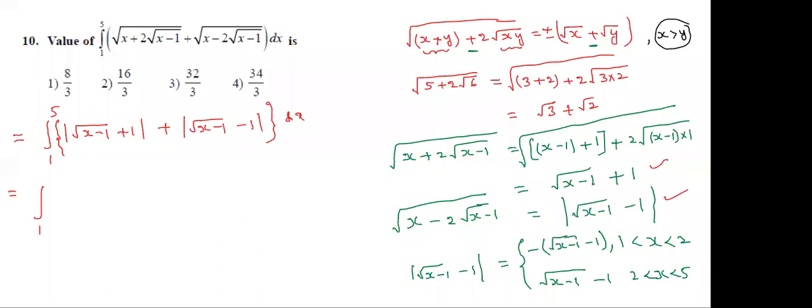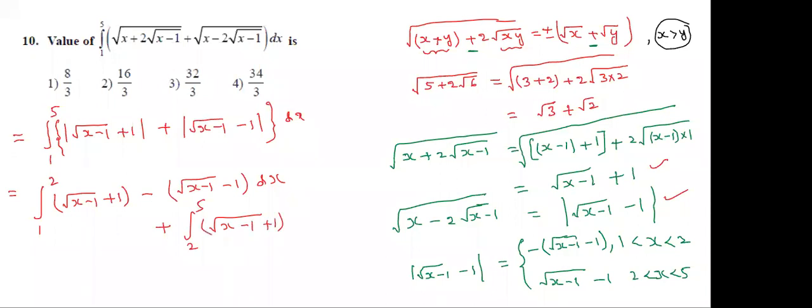If you take 1 to 2, the first one is positive only, but the second one we get negative. Under root x minus 1 minus 1 dx plus, for 2 to 5, under root the first one is the same positive, plus the second one also positive, under root x minus 1 minus 1 dx.